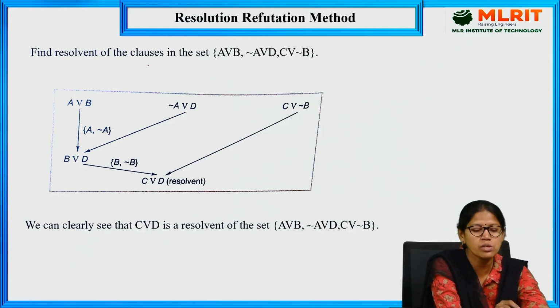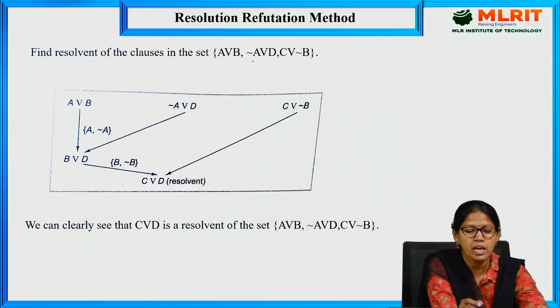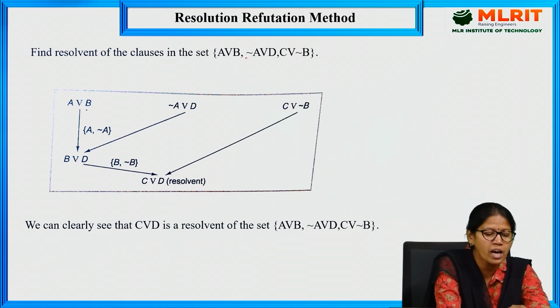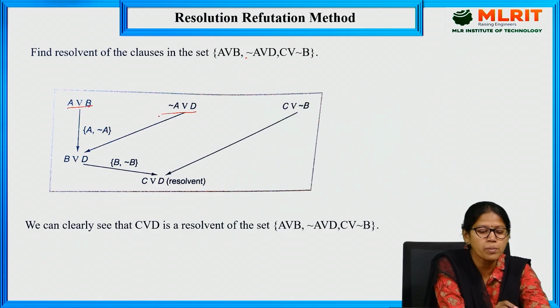Find the resolvent of the classes in the set: A or B, negation A or D, C or negation B. From A or B and negation A or D, what is the complementary pair?